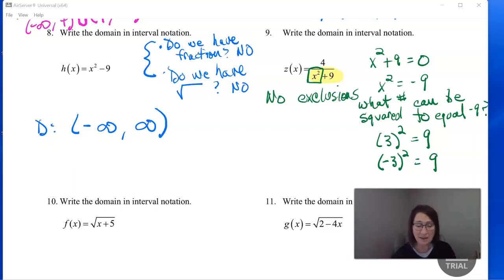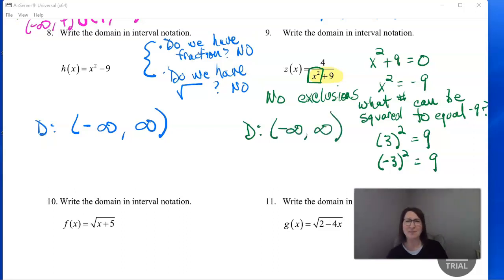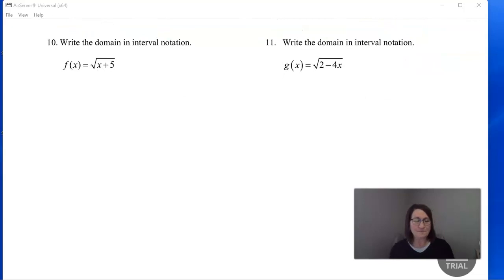So that means my domain can be anything from negative infinity to positive infinity. That one you might have to kind of ponder a little bit and think about a little bit longer. Maybe one of those shower thoughts. Okay? All right.